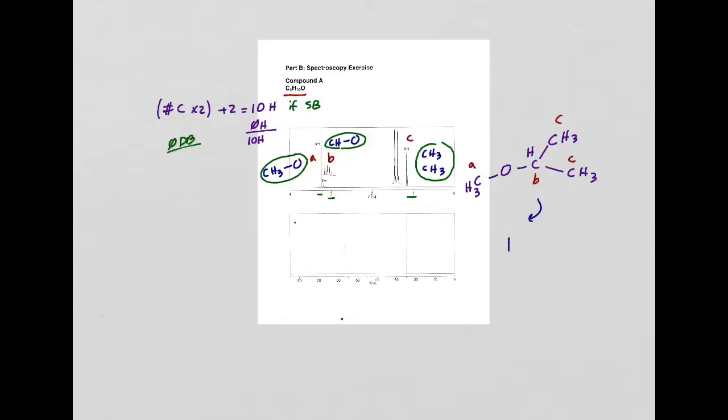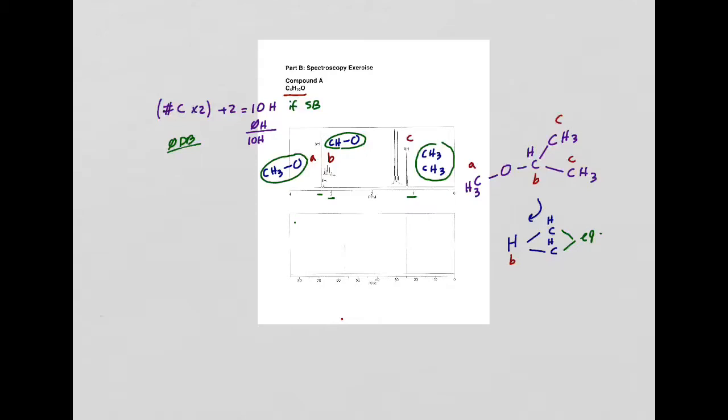So HB is adjacent to C and adjacent to C, right? Is adjacent to HC and adjacent to HC. Now the key is that these 2 are equivalent to each other, right? These 2 are equivalent to each other.